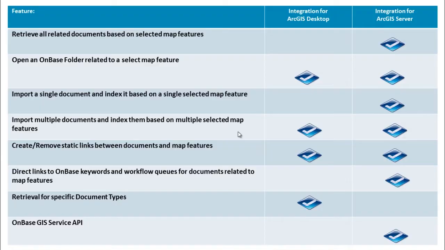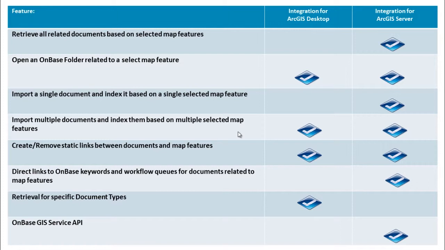So here's a visual of the differences between desktop and the server. And this gives you a good idea of how we've added more functionality in the server product than we had in the desktop. The desktop is more for, like I said, the legacy user that might want to just have access to documents, whereas if you're really getting into using the integration with OnBase and Esri online, you'll have access to all of those features.